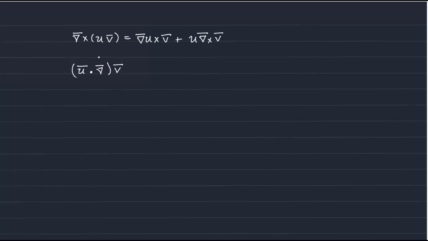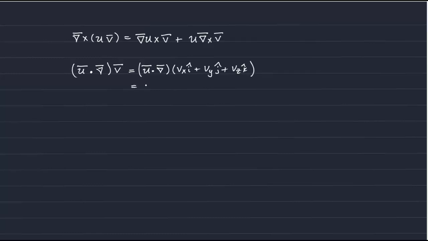This is really, if we were to apply the del operation with v, that would be a gradient of a vector field. But what this turns out to be is we can separate this dot product operation, as I've drawn here, with the vector part. And if we write that out like this, it looks like that.